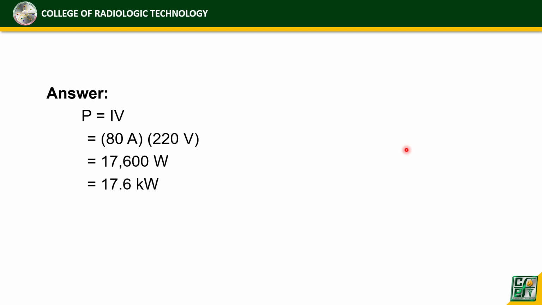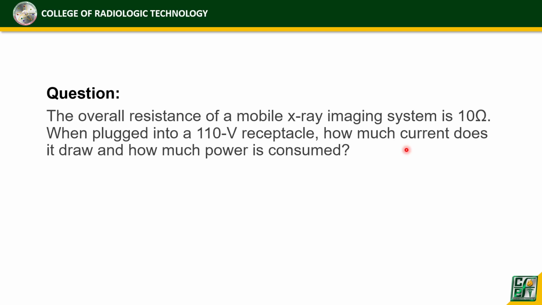So, remember that our SI unit for power is the kilowatt. Okay, so we need to convert it to kilowatts. So, that's right, 17,600 watts or 17.6 kilowatts. Okay, so another one.